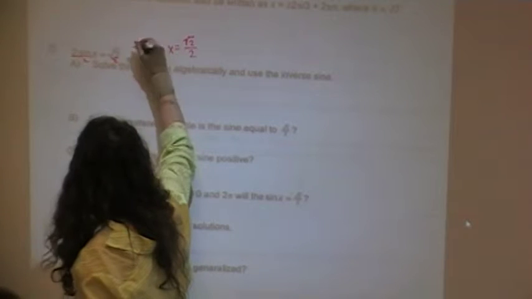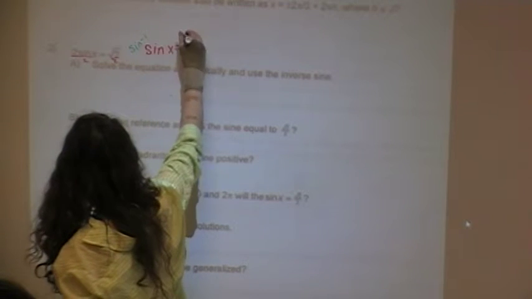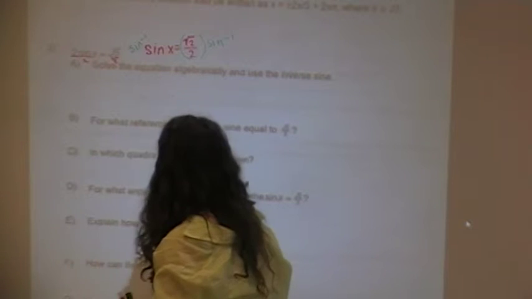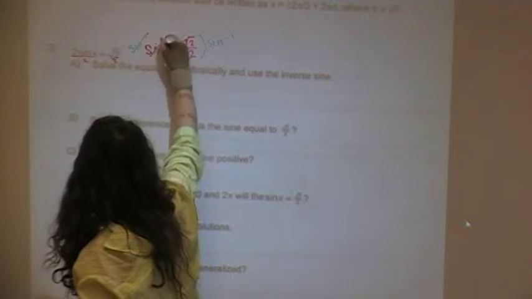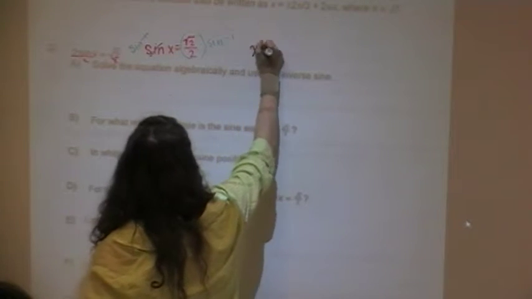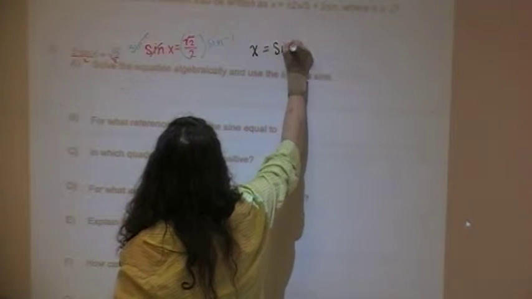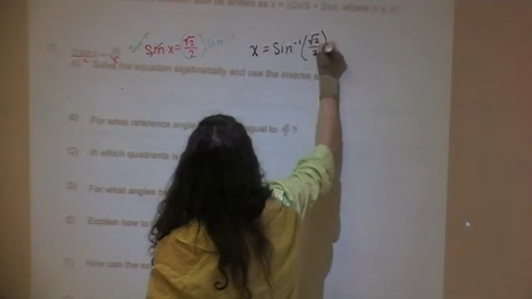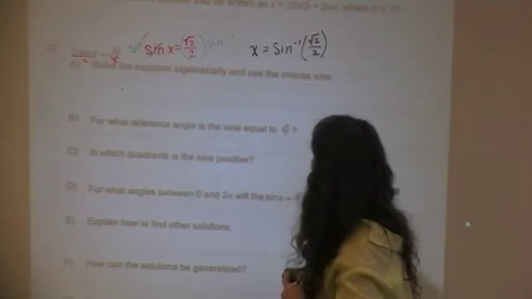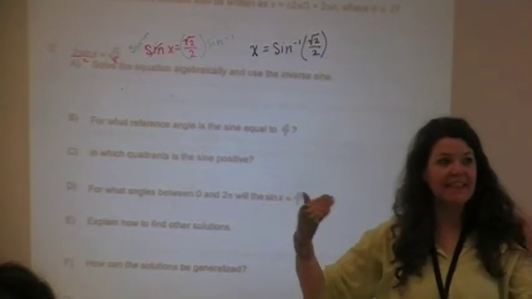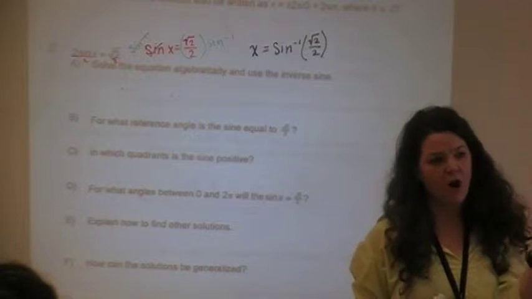Okay, so now, once we're actually having to take the arcsine, that's when we go to our left hand.